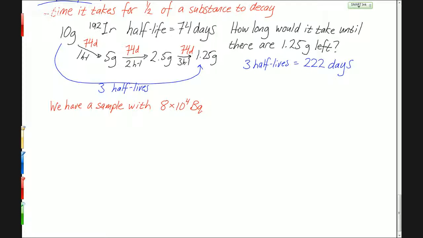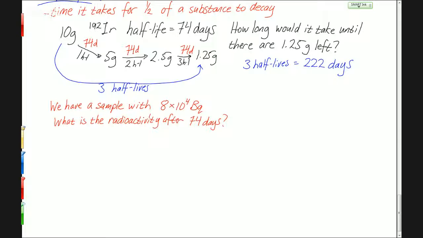So then we might ask, what is the radioactivity after 74 days? Assuming we've got the same stuff.